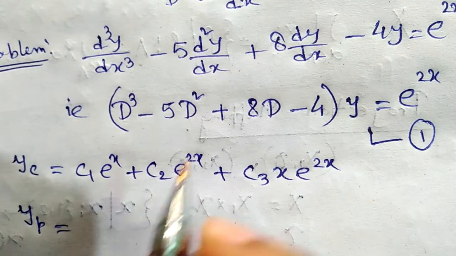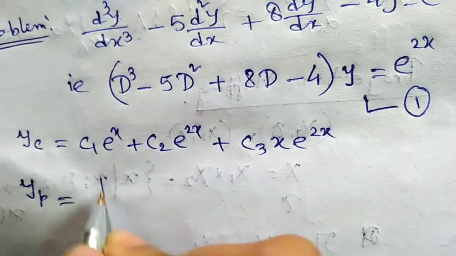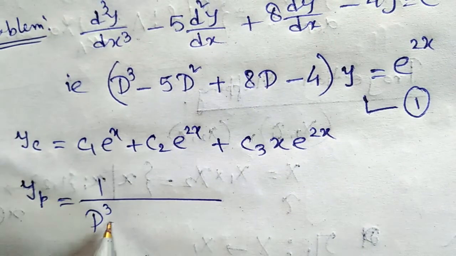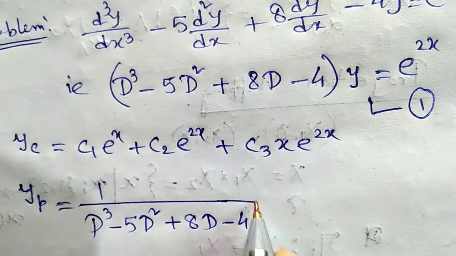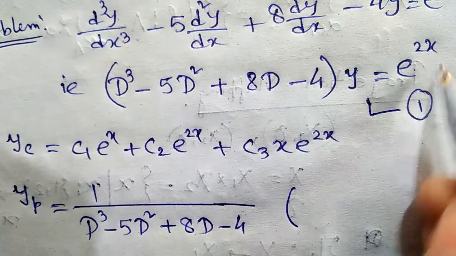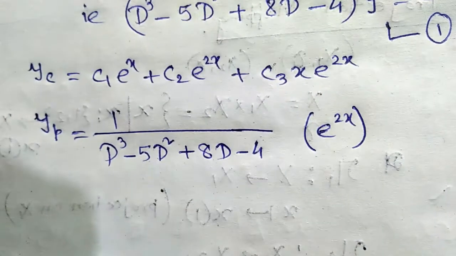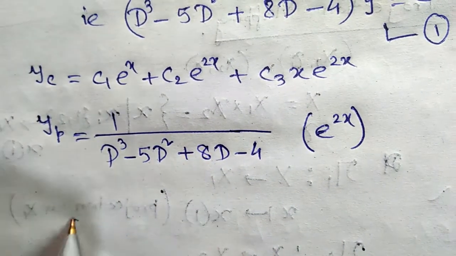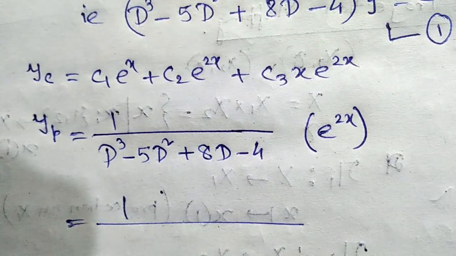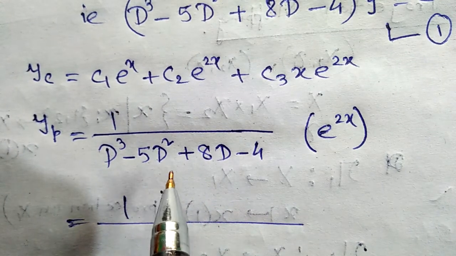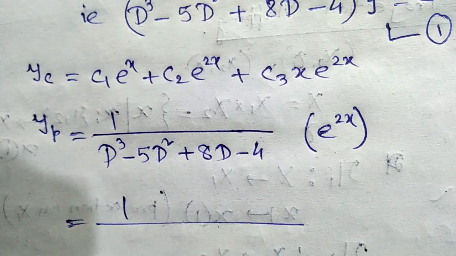Now for yp we have to write this D operator portion in the reciprocal form, that is 1 by (D cubed minus 5D square plus 8D minus 4) of f(x), which is e to the power 2x. Then we factorize this portion. In the previous class we also discussed that if we put D equal to 1, then it becomes 0.